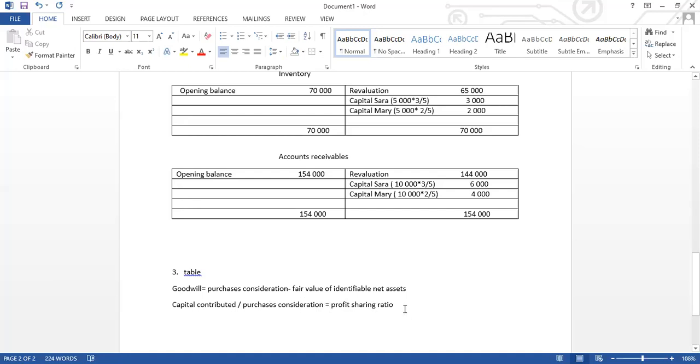So we solve for X. We have capital contribution by partner over X that we are looking for equals 1/3. Like that.